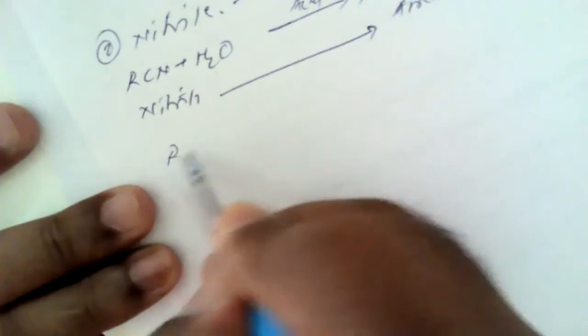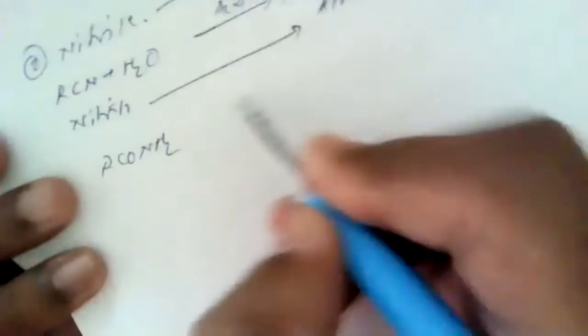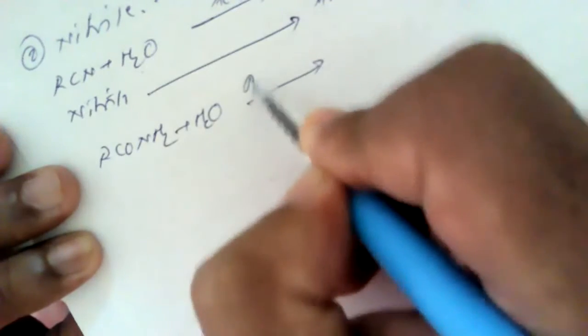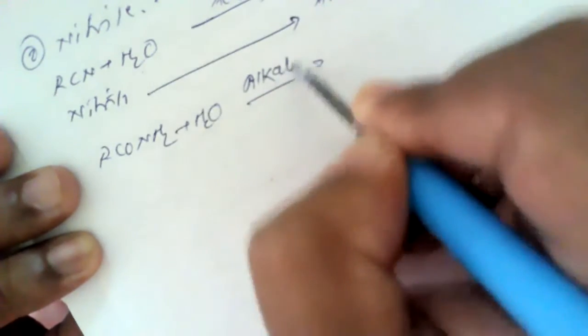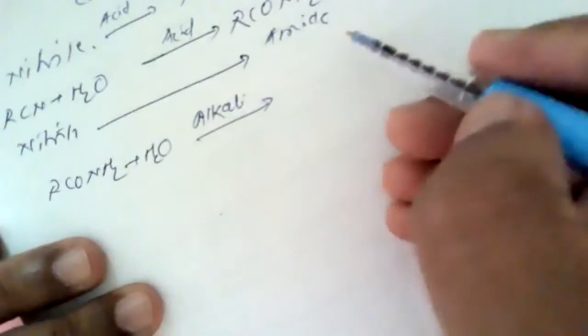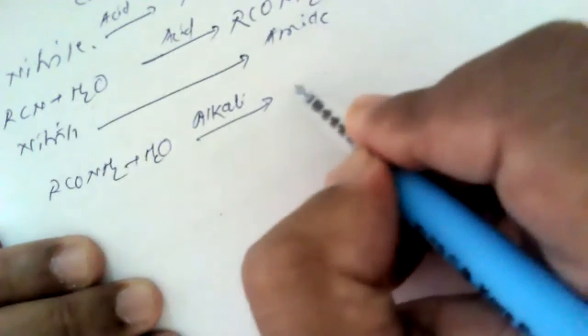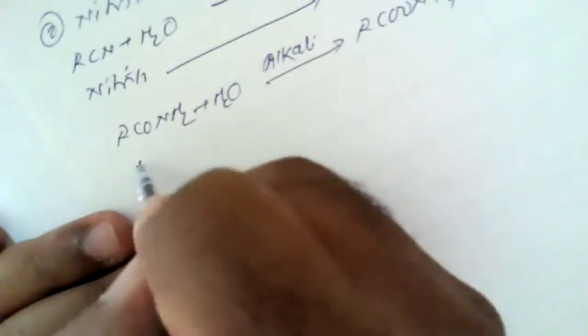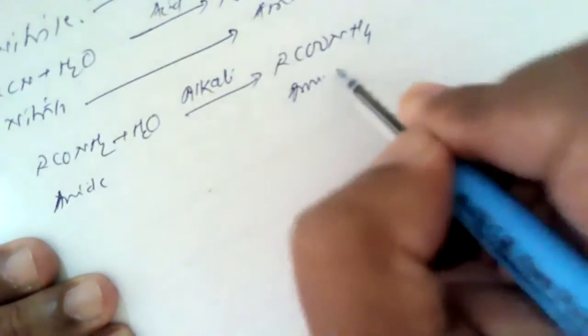That means this already formed product RCONH2, in presence of water and a catalyst such as NaOH or KOH, which is alkali, can form RCOONH4. So this is amide to ammonium salt.